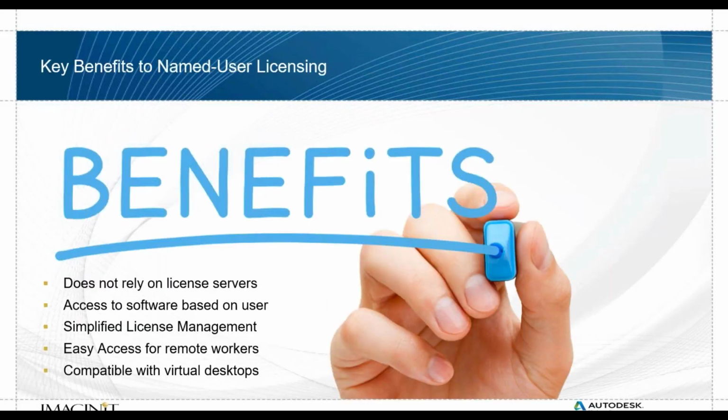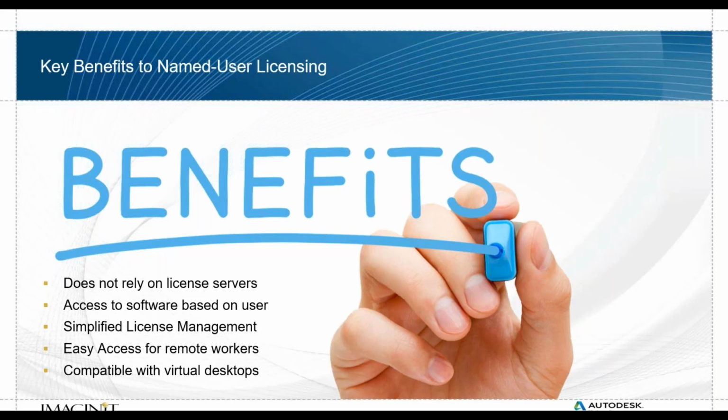Okay, so before we jump into the trade-in offer from Autodesk, I'd like to mention the key benefits to you by moving to a named user licensing environment. A named user environment will give you an environment that doesn't rely on licensed servers. It is identity-based, which we call named user.